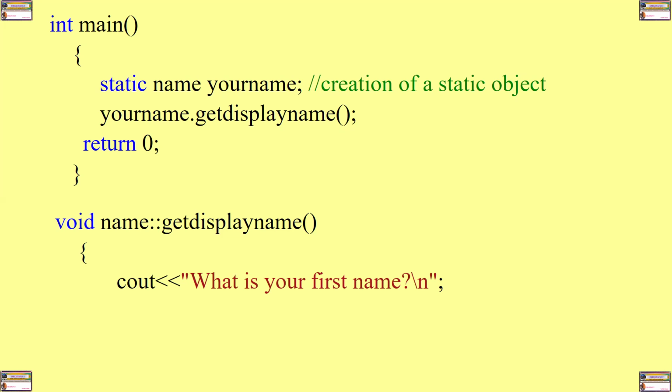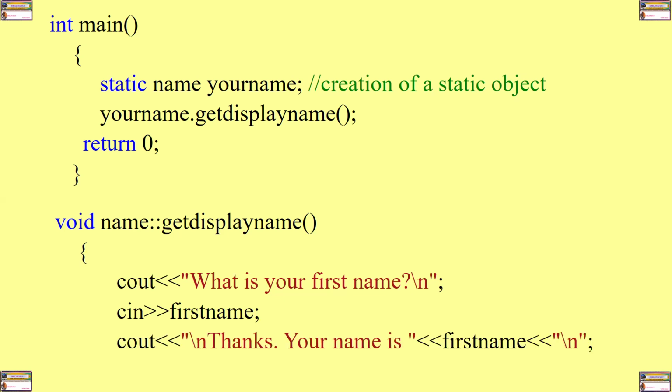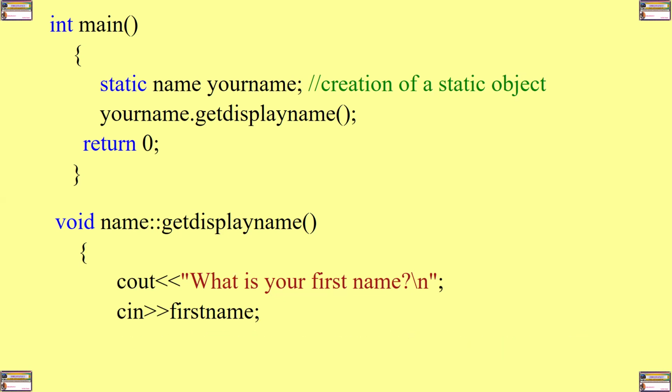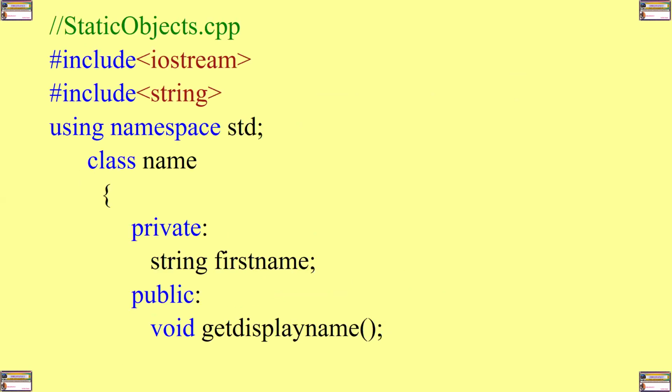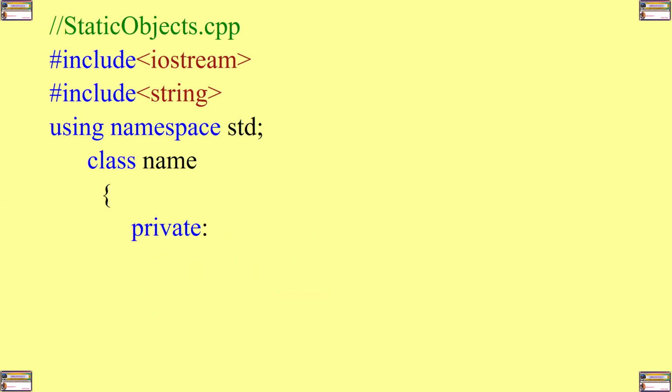What is your name? Once that is done, the user will, of course, key in a certain series of characters, and those will be read through first name. And remember, first name is a data member of our class.